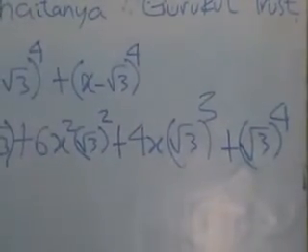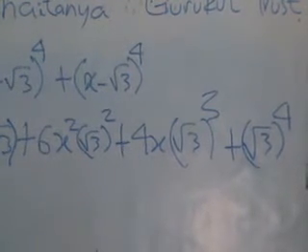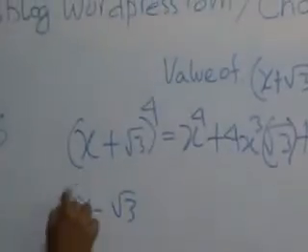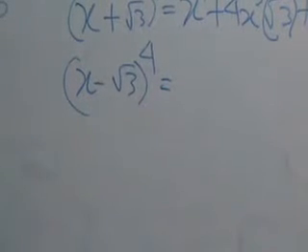Now don't expand this. You will see the alternate terms will cancel out. Now it's easy even to write straight away x minus root 3 to the power 4. What will happen? The even terms will be minus.